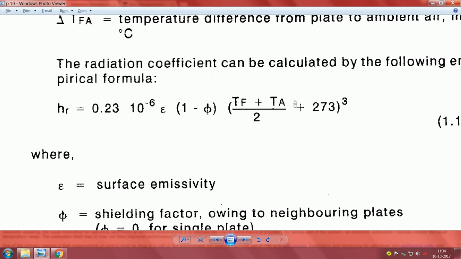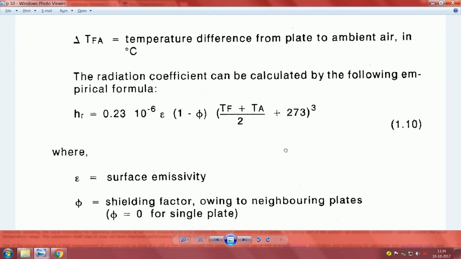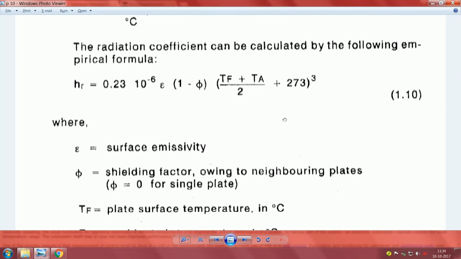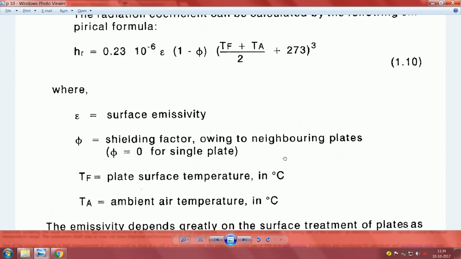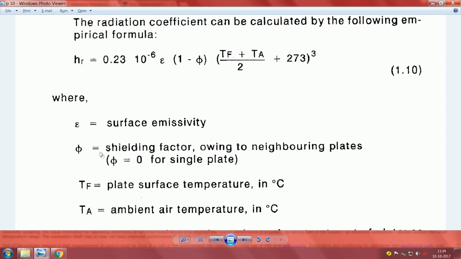The temperature and these things are interdependent on each other. So, we have surface temperature and so on, and we have this beautiful thing called shielding factor.